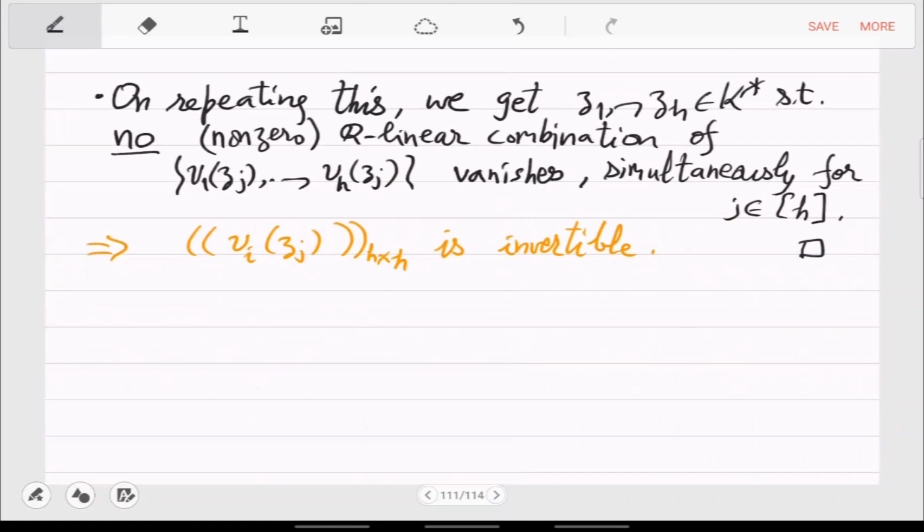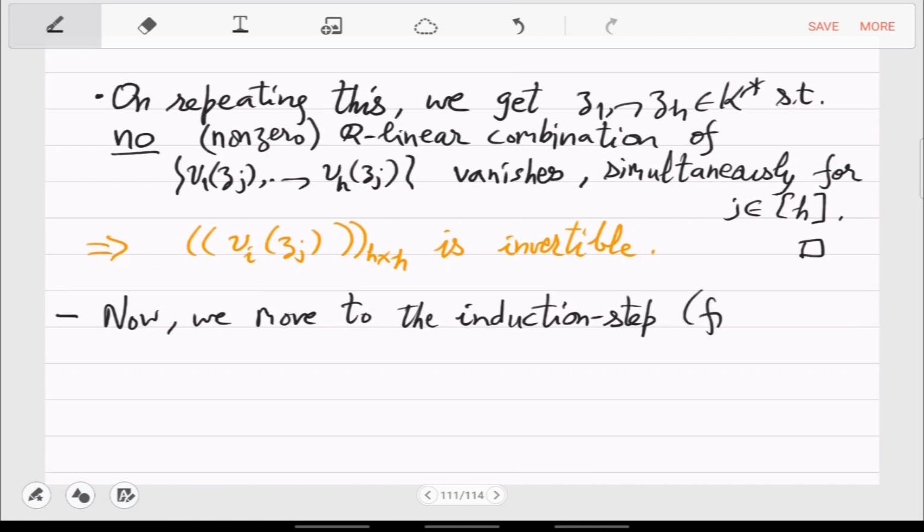So once you have this invertible matrix, you solve for u. That would be the goal now. And for u, we will find the xi's explicitly.